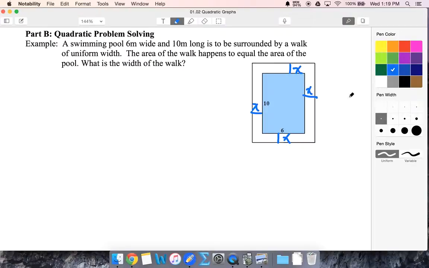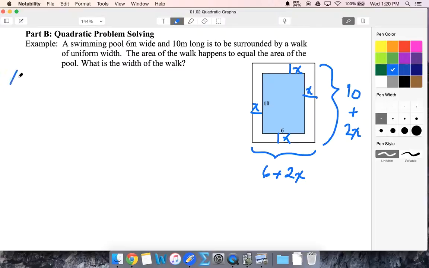So the area of this walkway, well, this total length of the pool plus the walkway, I see that as being 10 plus 2x. This total width here is going to be 6 plus 2x. And if I want the area of just the walkway, I'm going to make myself a little formula: area of the walkway is the big rectangle, 10 plus 2x times 6 plus 2x, minus the area of the pool, which is 6 times 10, so that's 60.